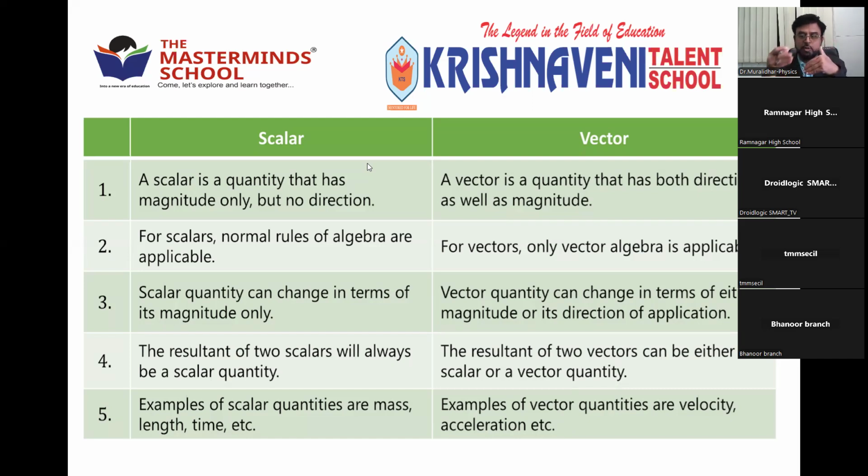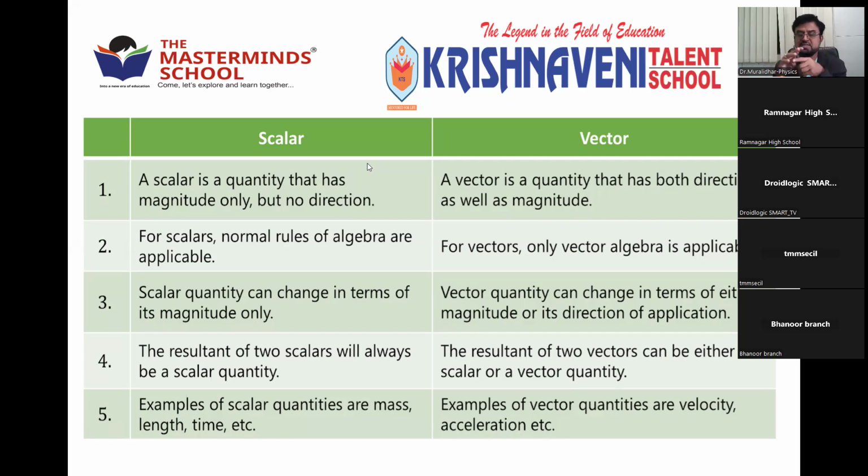But when you go to the next topic, based on the parameters of magnitude and direction, all the physical quantities having only magnitude are placed under scalar quantities. All the physical quantities which have both magnitude and direction are placed under vector quantities. Like that we have classified all the physical quantities into scalars and vectors.